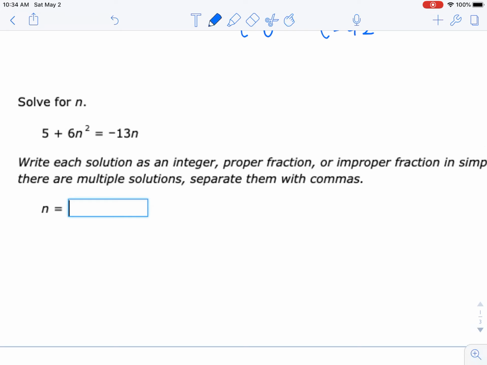In the next level, we don't have it equal to 0, so you need to make it say equals 0 first and have it in standard form.